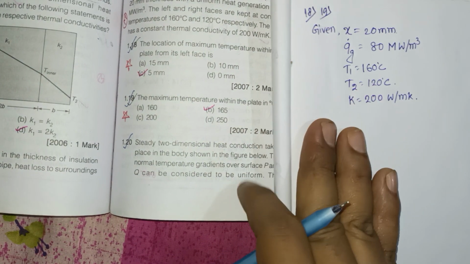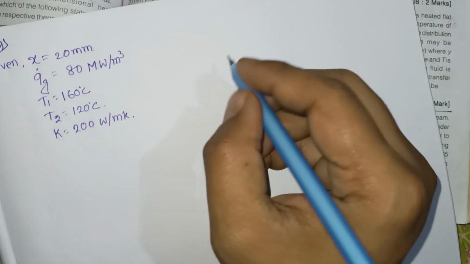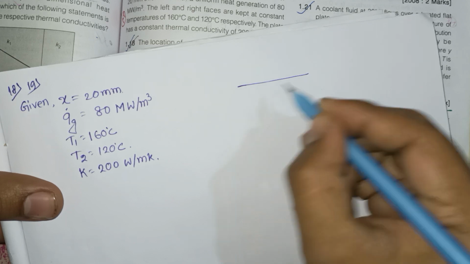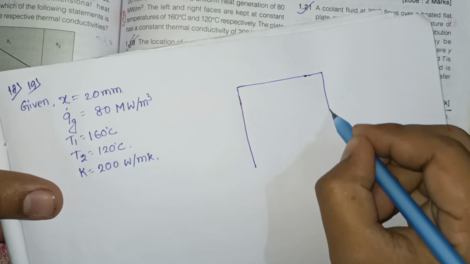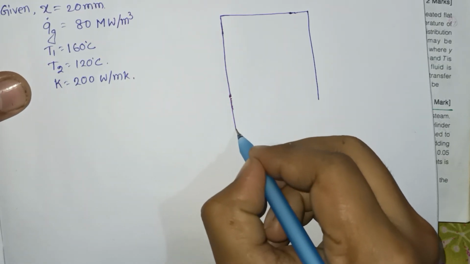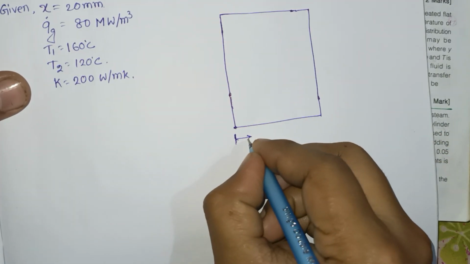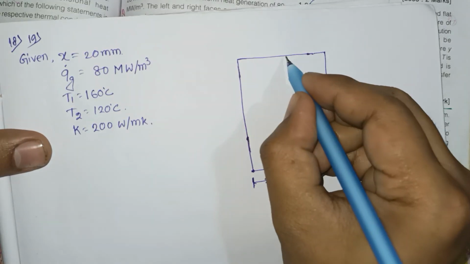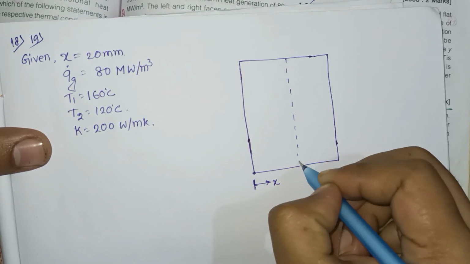So the location of maximum temperature within the plate. If you draw the diagram here, this is the x direction, and suppose this is the middle of the plate.